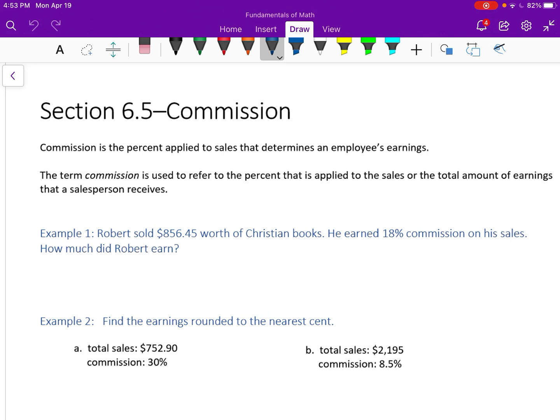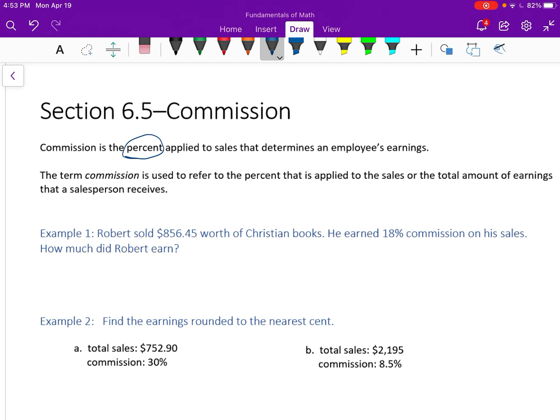So commission is the percent applied. The term commission is used to refer to the percent that's applied to the sales or the total amount of earnings that a salesperson receives.